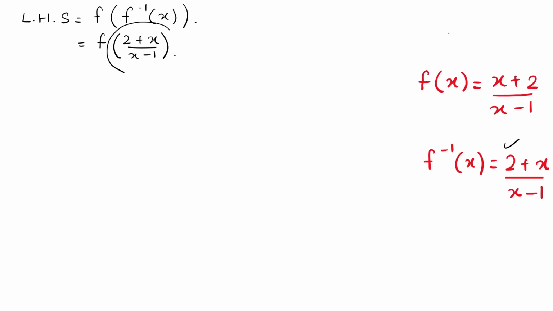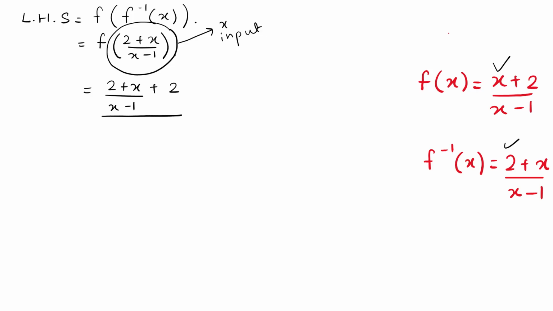Now consider it x, or it's the input for f function. So replace x with this new input value. It becomes 2 plus x over x minus 1 plus 2, whole divided by 2 plus x over x minus 1 minus 1.